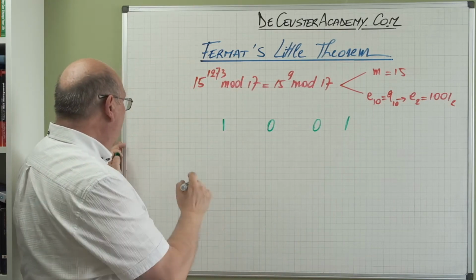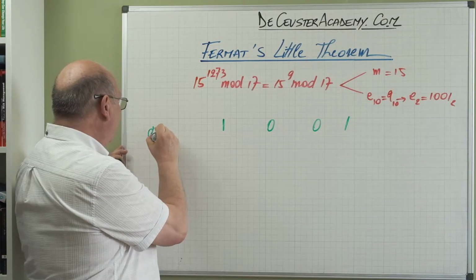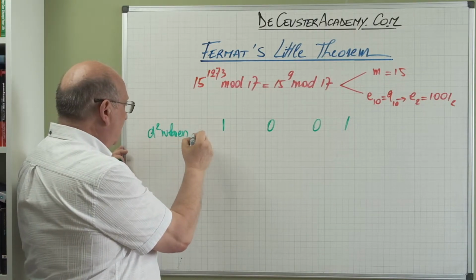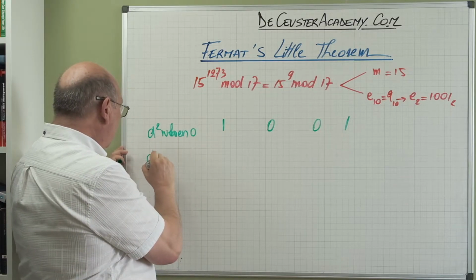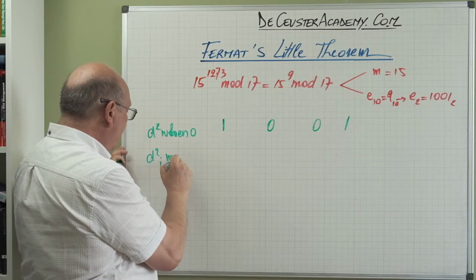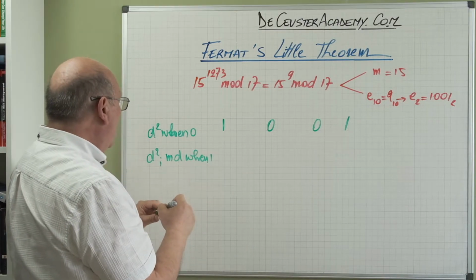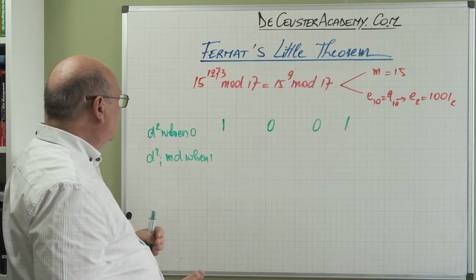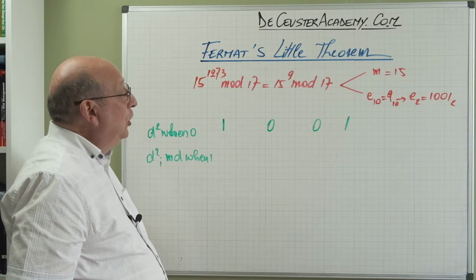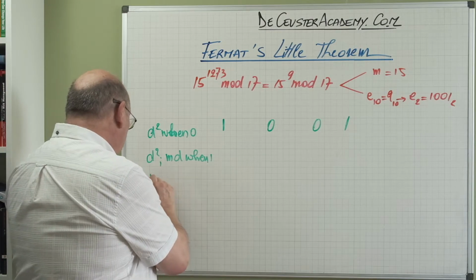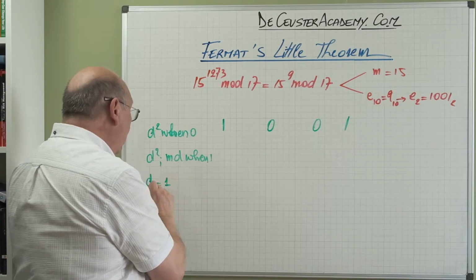We know that we have d to the square when 0, and d to the square and md when 1. So basically those are the conditions that we have to take into account when we're going to do the modular exponentiation, and we start from d0 is equal to 1.